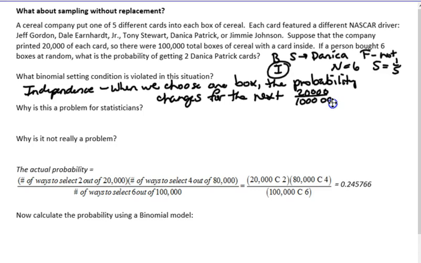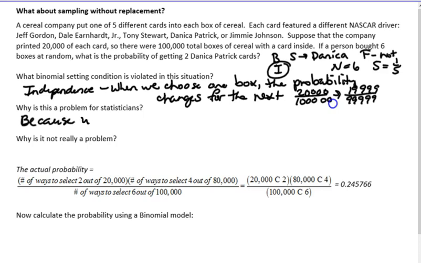Let's say the card we draw is a Danica card, or even if it's not, if it is a Danica card, then we'd end up with 19,999 over 99,999. Okay, so it changes from this to this. Each time you draw one, it just changes the probability a little bit. So it's not independent.